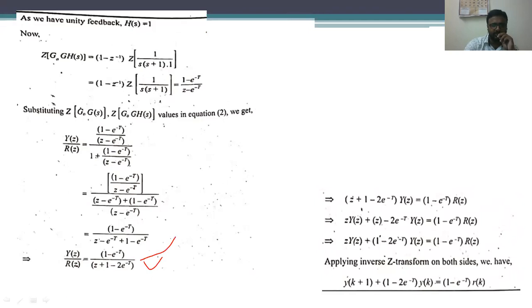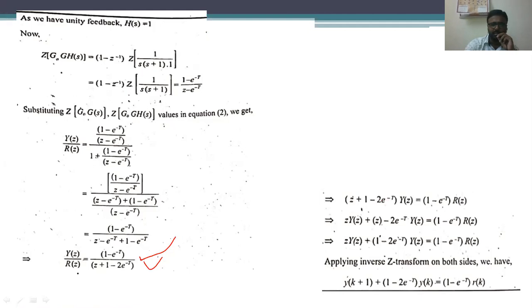So upon certain calculation, we get the pulse transfer function expression as y of z divided by r of z is equal to 1 minus e power minus t divided by z plus 1 minus 2 into e power minus t. Okay. So we have to determine the difference equation for this.